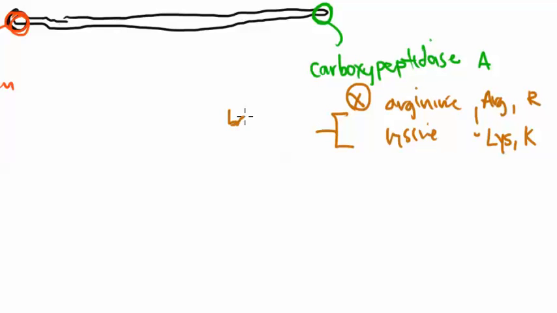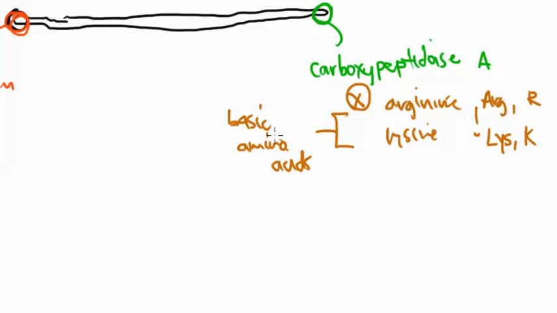And these are your basic amino acids, the ones that have that NH3 positive group on the R side chain. So very important, carboxypeptidase A will not work if there's arginine or lysine on the end.